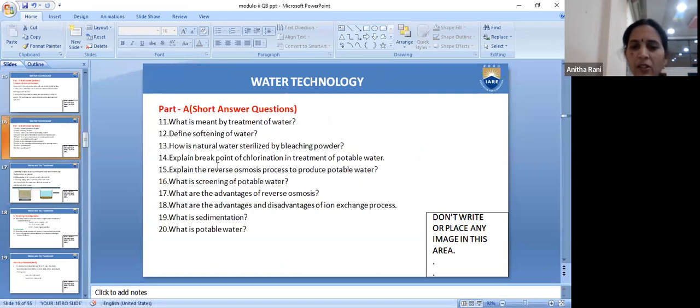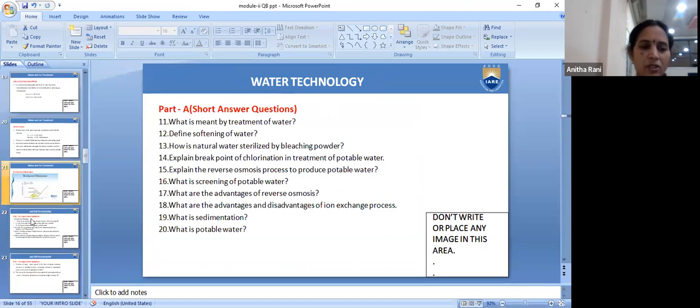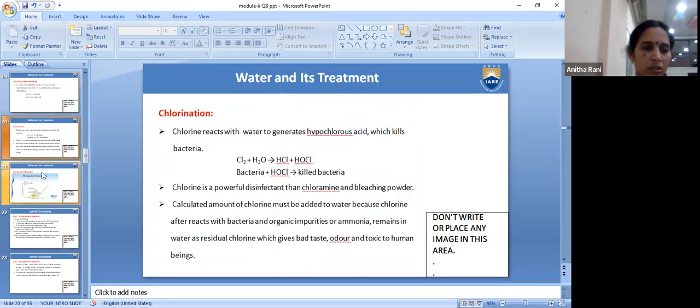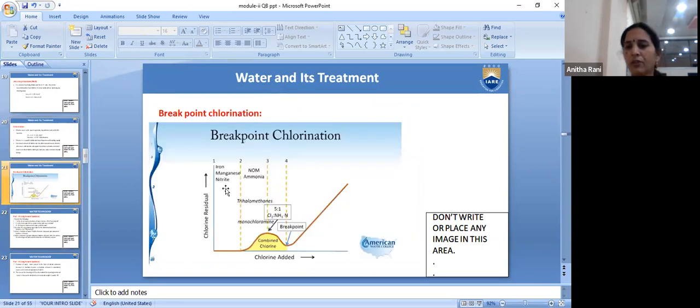Next is explain the breakpoint chlorination in treatment of potable water. So when we add 1 gram of chlorine, it will oxidize all reducing impurities present in water, like iron and manganese.